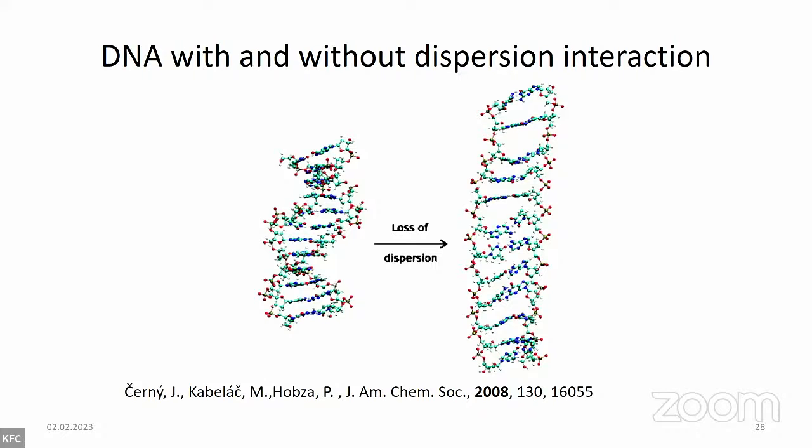You can see that the pairing of individual pairs is still there because it's bound electrostatically. We have these hydrogen bonds to each other, and that's usually the electrostatic multipole interaction. But the interaction between the individual bases and base pairs is done by the dispersion, and therefore it's compacting the whole structure of the DNA.